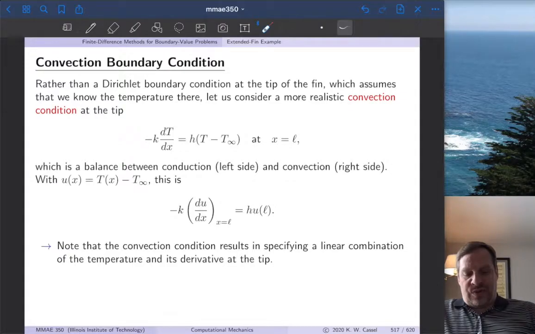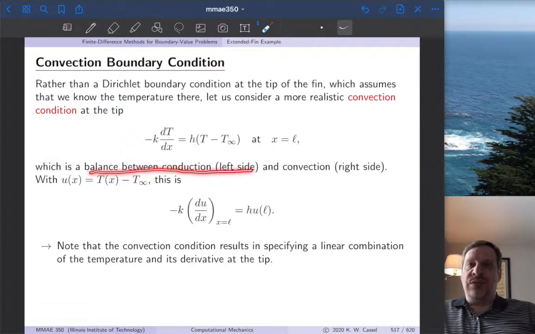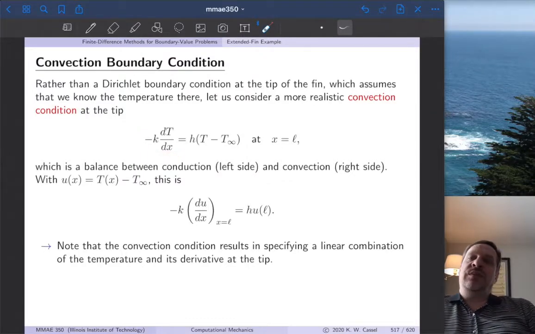For convection at the tip, basically what you have is a balance between conduction, so heat conducting out of the tip, and convecting into the surrounding air. On the left is the conduction, using Fourier's law, minus k dT/dx. So basically the gradient of the temperature drives the heat out of the tip of the fin. That's Fourier's law for the heat conduction side.